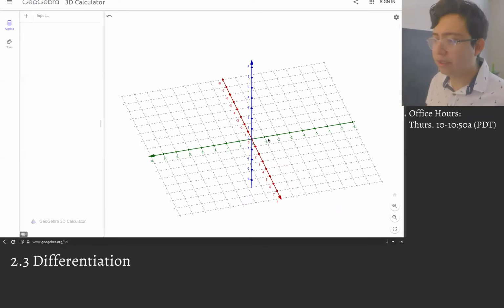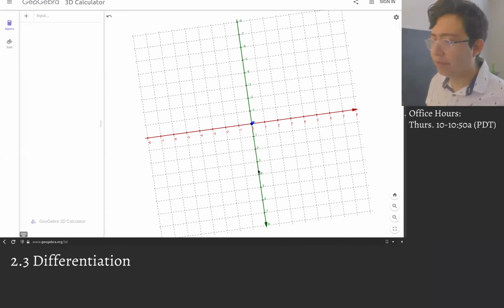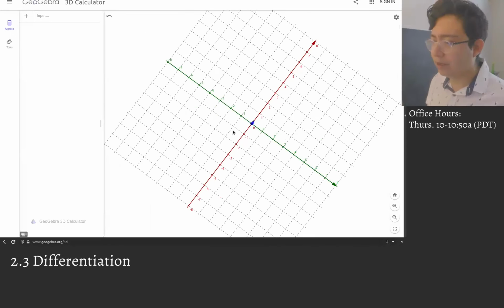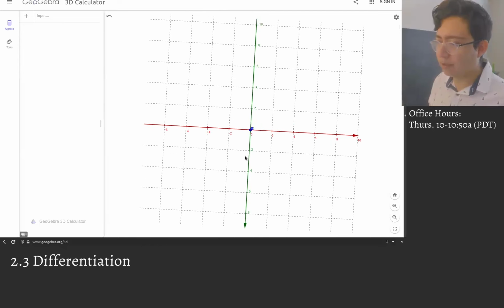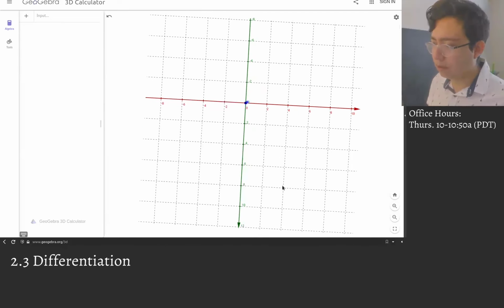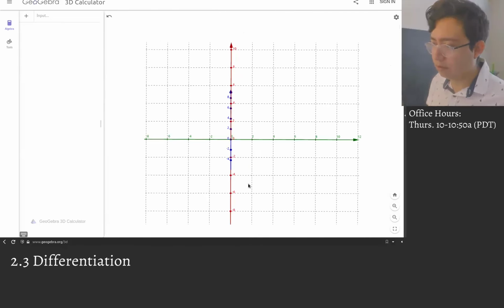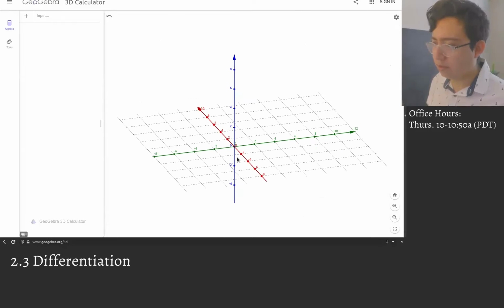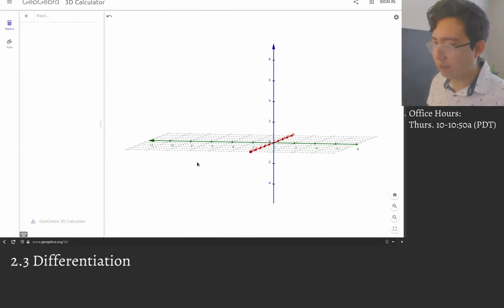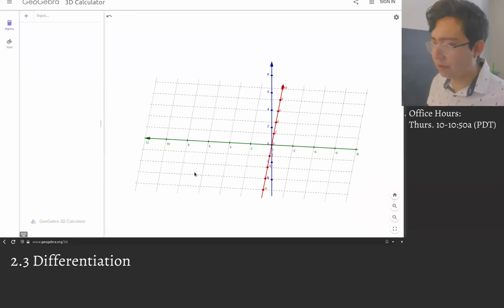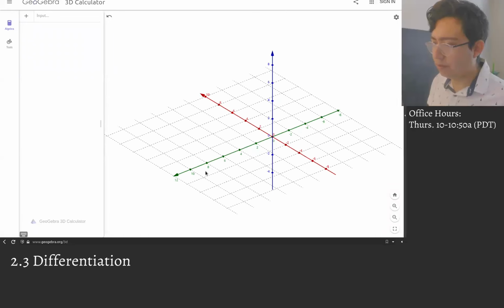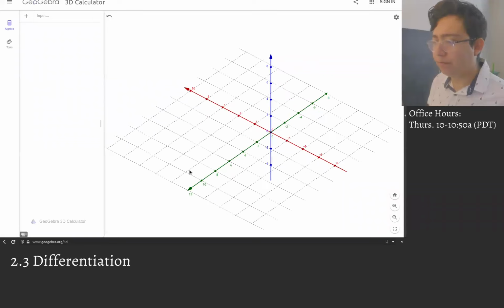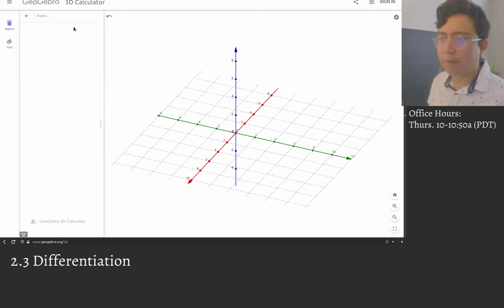So this is my 3D plane. What I'm going to do is graph both of those. It can be hard to control sometimes. Okay, so let's go ahead and plot those functions.